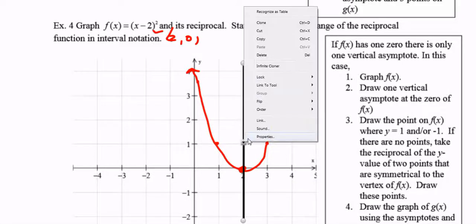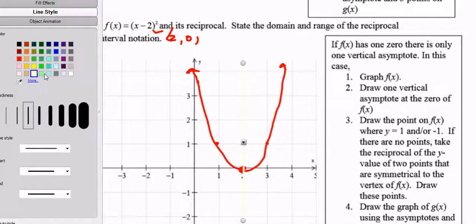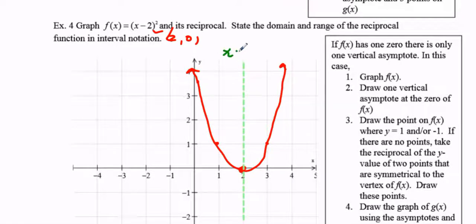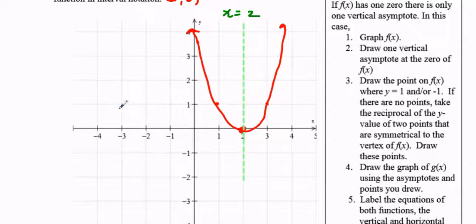We'll put in the right color. Something like that. And I'm going to label this x equals 2. So I've got a vertical asymptote. I should also label at this point because I know there's always a horizontal asymptote at y equals 0, so I'll label that.